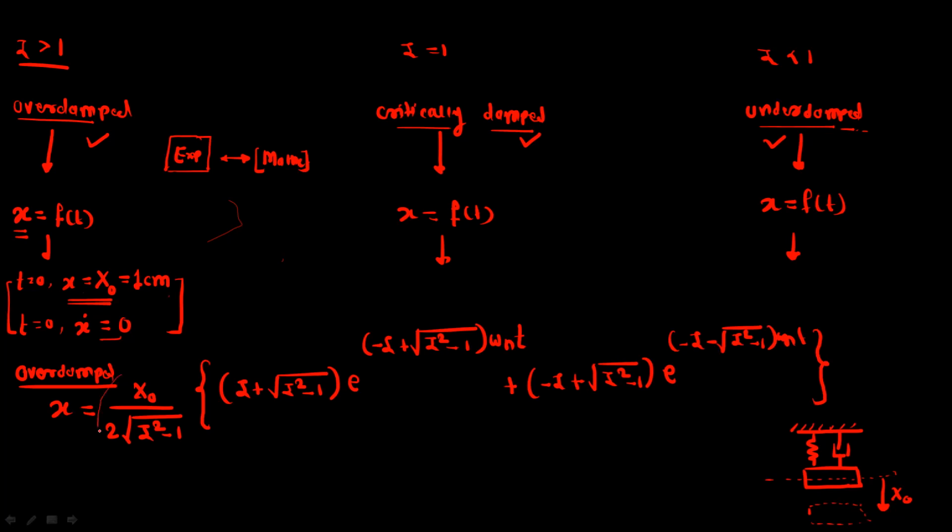We have taken this parameter as a constant value. So this is your complete solution for x, only for the overdamped system. This is x, a function of time, because only the time parameter is the variable.